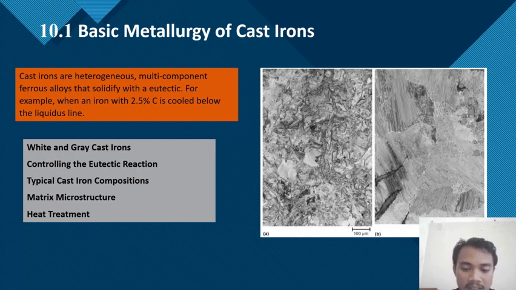Its position in this respect is important because it determines not only the initial solidification point at the liquidus, but is also a factor in whether an iron solidifies with a gray, white, or mottled eutectic.